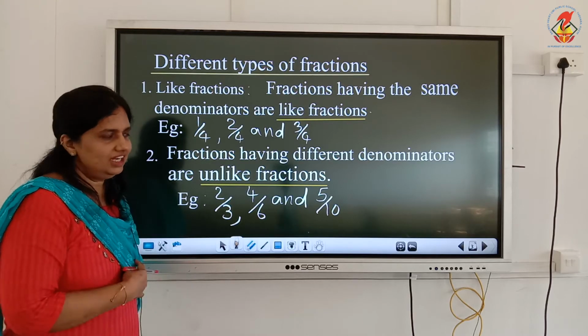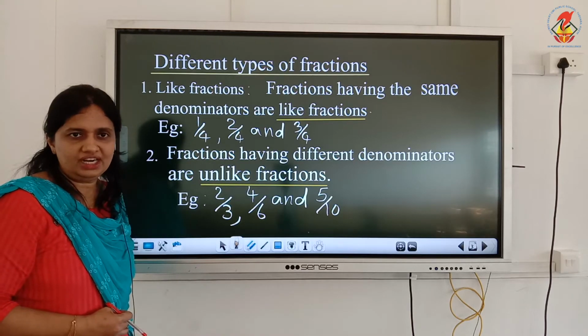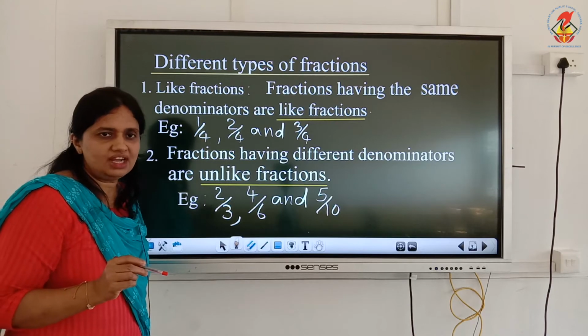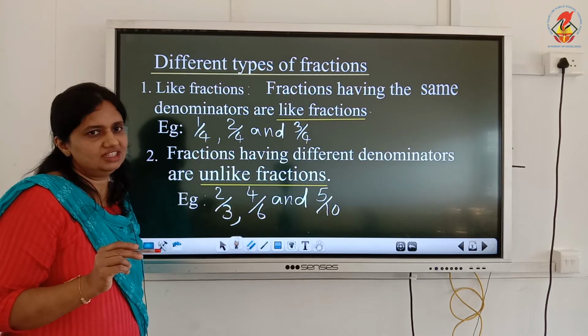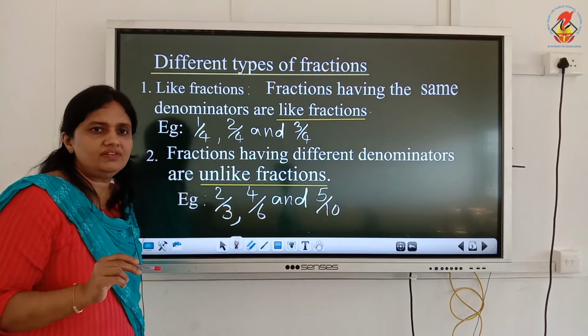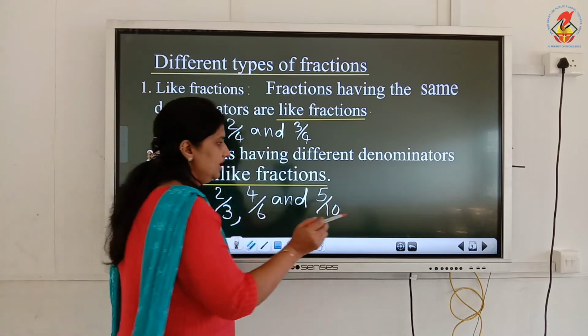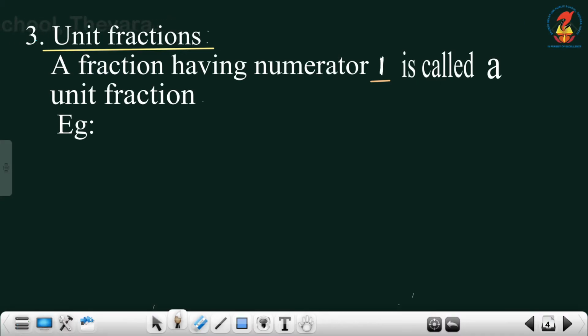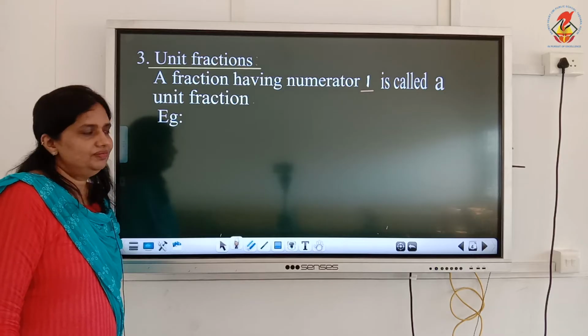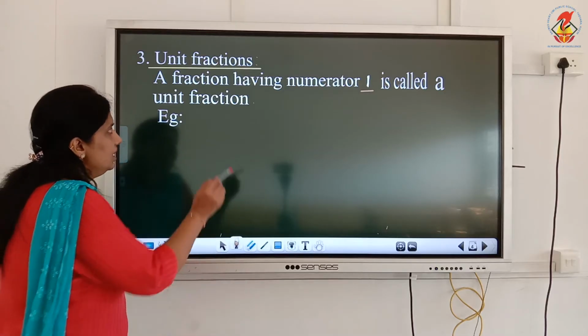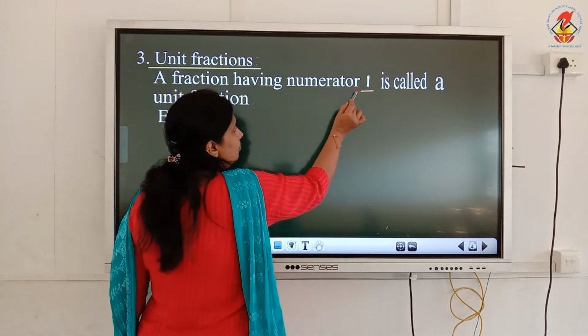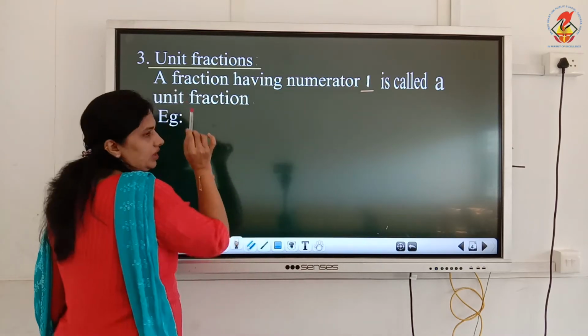Now is it clear, children? Like fractions and unlike fractions. Like fractions have same denominators, but unlike fractions have different denominators. Is it clear? And the next one is unit fractions. What are called unit fractions? A fraction having numerator 1 is called a unit fraction.